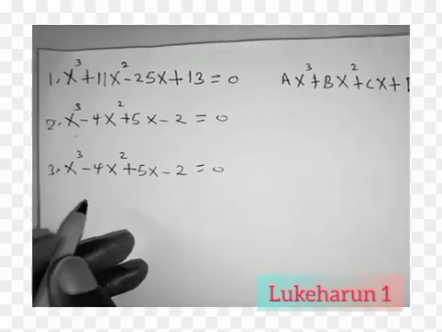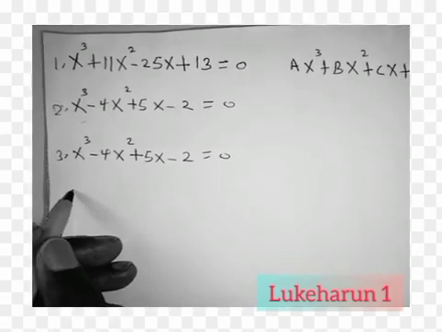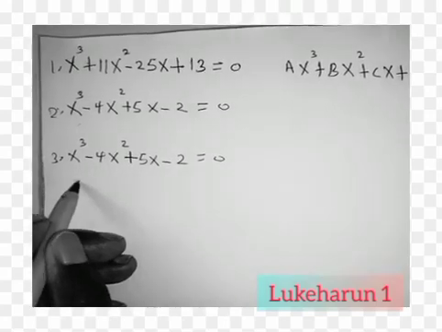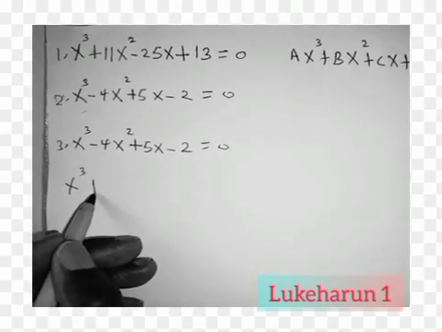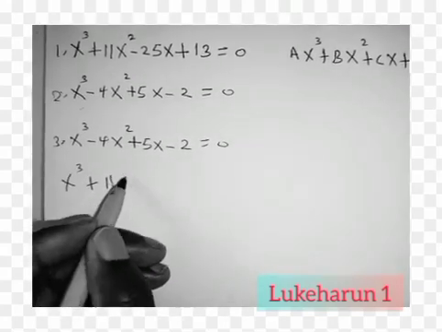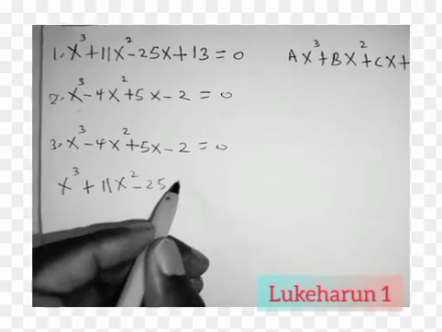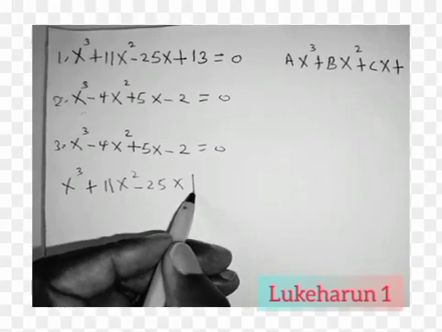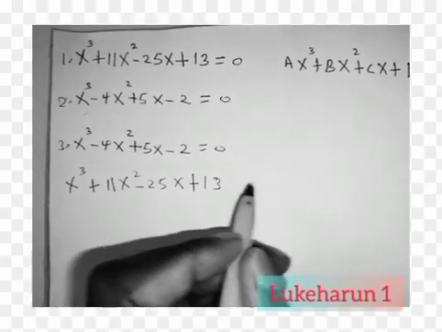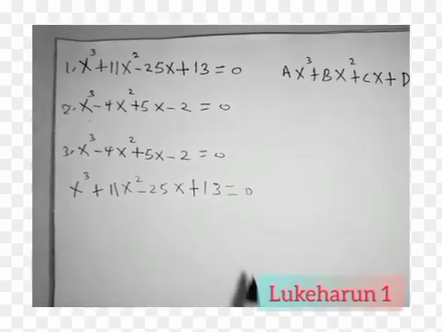So, the super simple method, there are other methods. We begin with number 1: x cubed plus 11x squared minus 25x plus 13 is equal to 0.